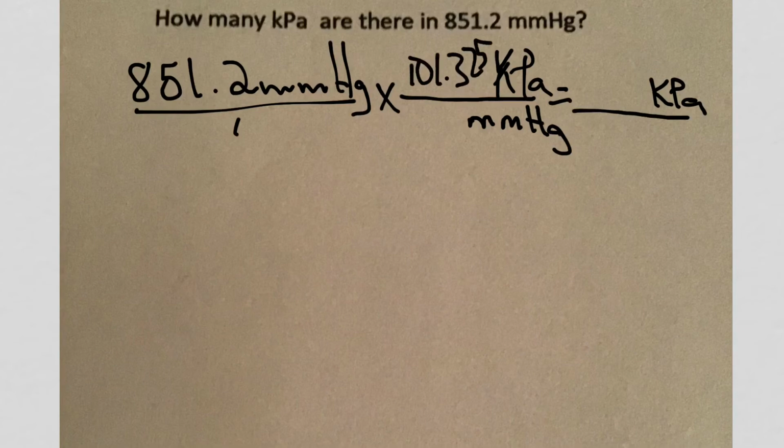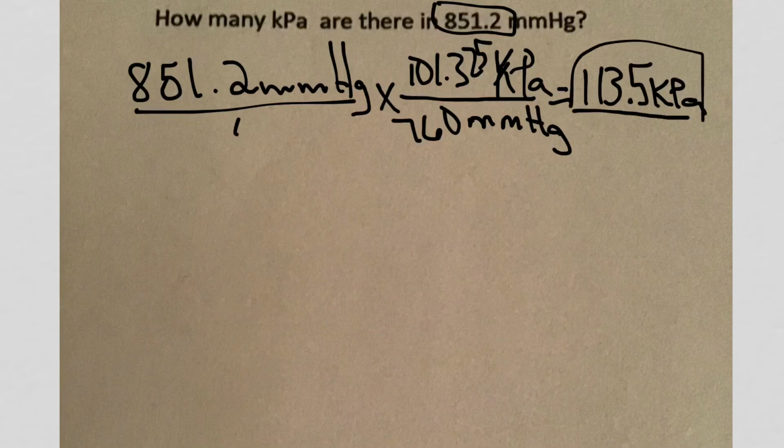Then multiply the tops, multiply the bottoms, divide top by bottom, and the only number we have to go by is the 851.2 because everything else is considered a perfect number. So we need 4 significant digits. So that should take us to 113.5 kPa.